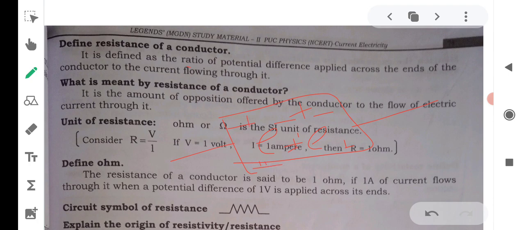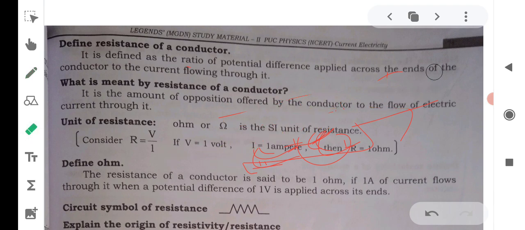These fixed positive ions will oppose the flow of these electrons, and that amount of opposition offered by a conductor to the flow of electric current through it is called the resistance of a conductor.